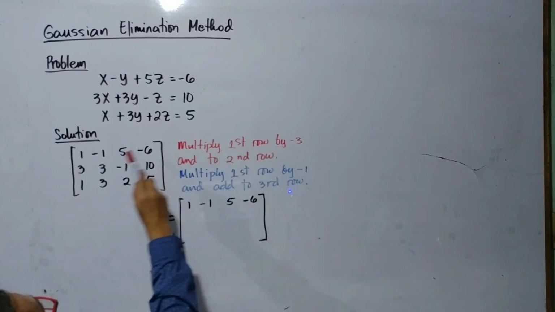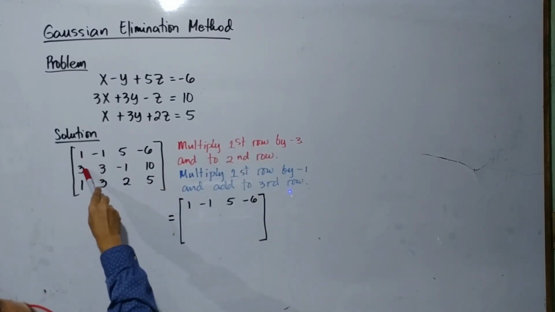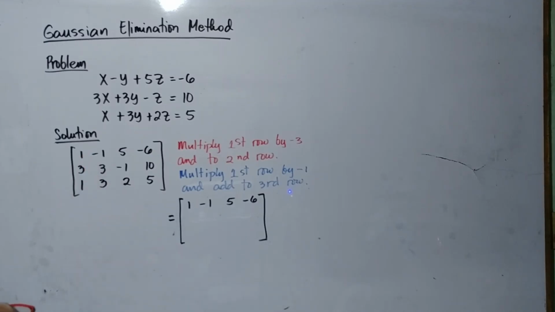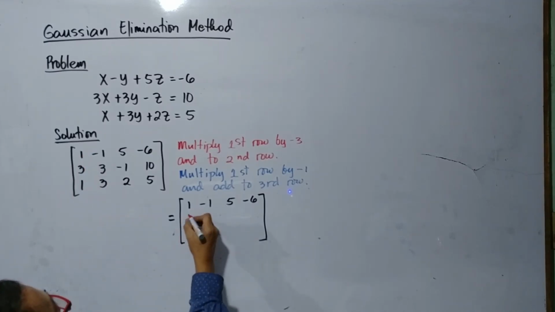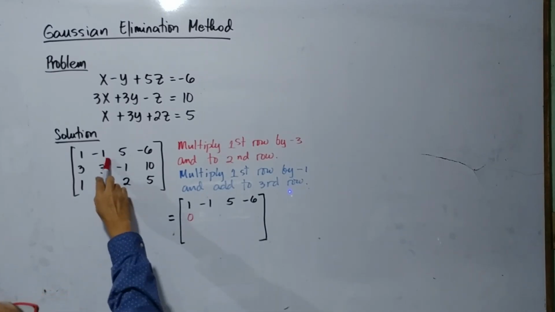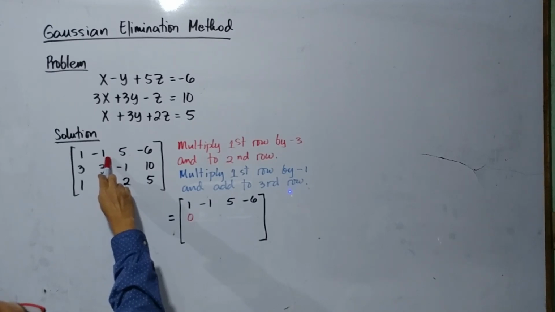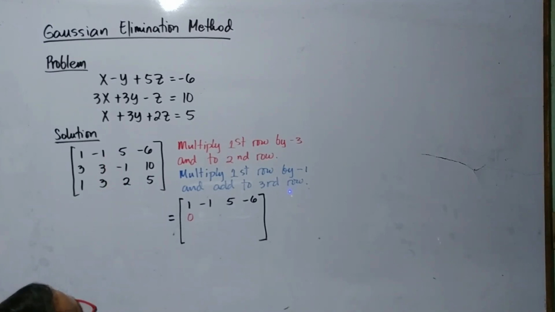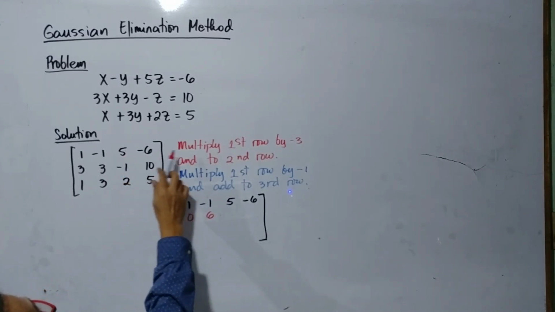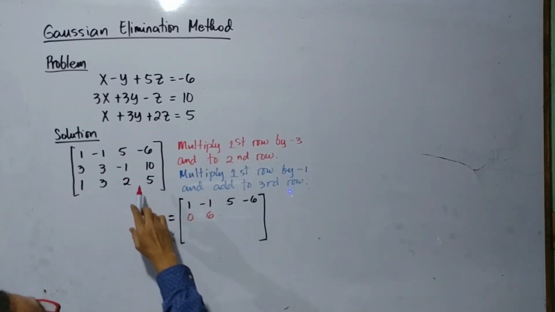Multiply the first row by negative 3. Then add second row. So 3 times negative 3 plus 3 equals 0. Next. Negative 1 times negative 3 equals 3 plus 3 equals 6. 5 times negative 3, negative 15.